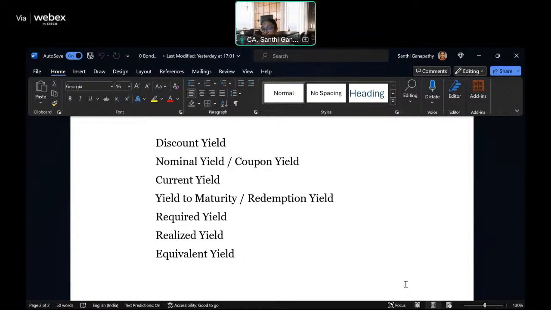Next, we see the concept of duration. Duration is the weighted average maturity of a bond where the weights are the relative discounted cash flows in each period.